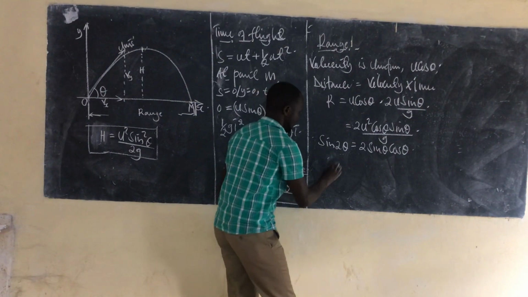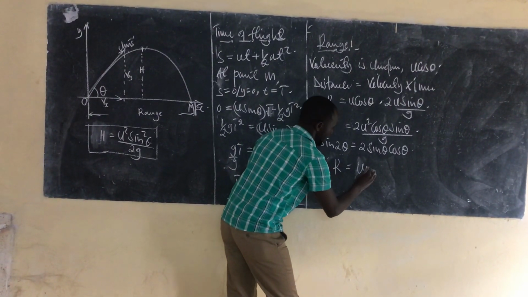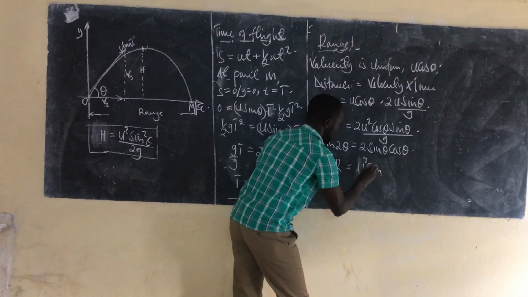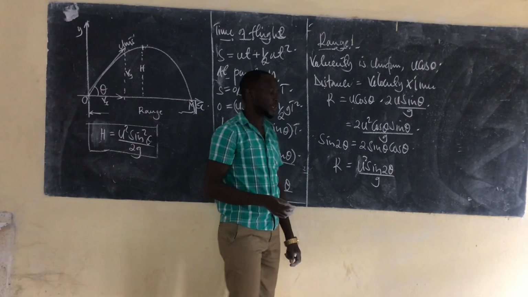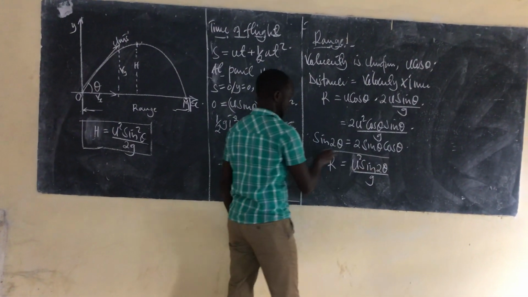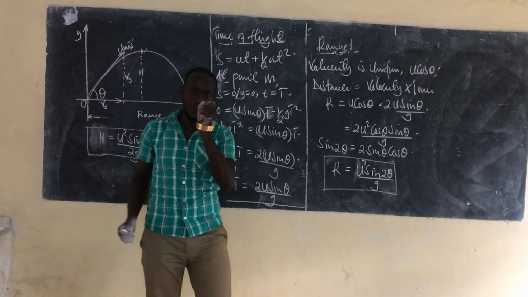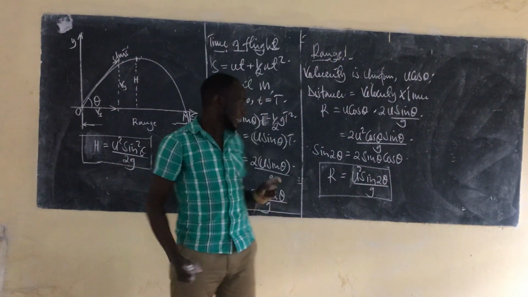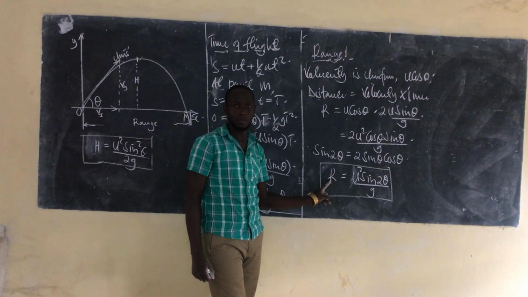So we shall have R giving us u squared sine 2 theta over g. When you have this expression, you are in a position to say, I know how to derive an equation that leads us to finding the range of a projectile.